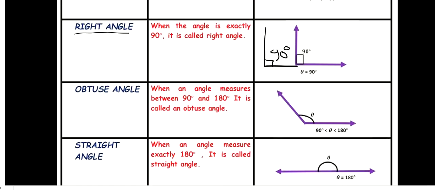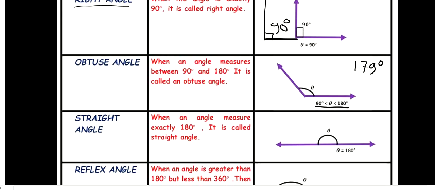When the angle is greater than 90 degrees but smaller than 180 degrees, that is up to 179 degrees, we have an obtuse angle. They are called obtuse angles. And when it's a straight line, it's exactly 180 degrees.